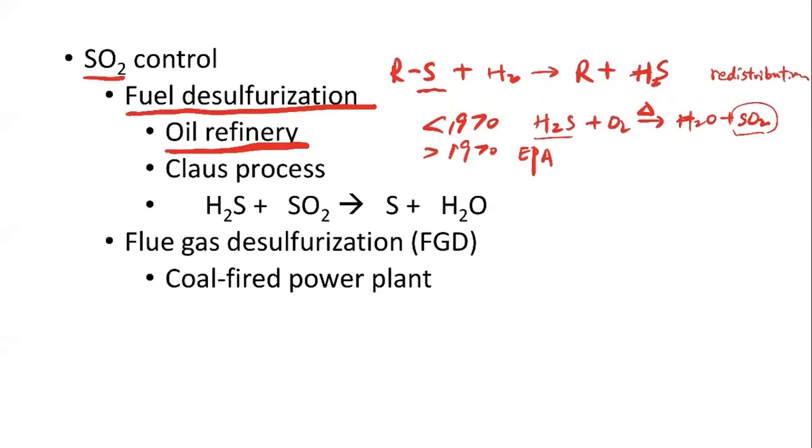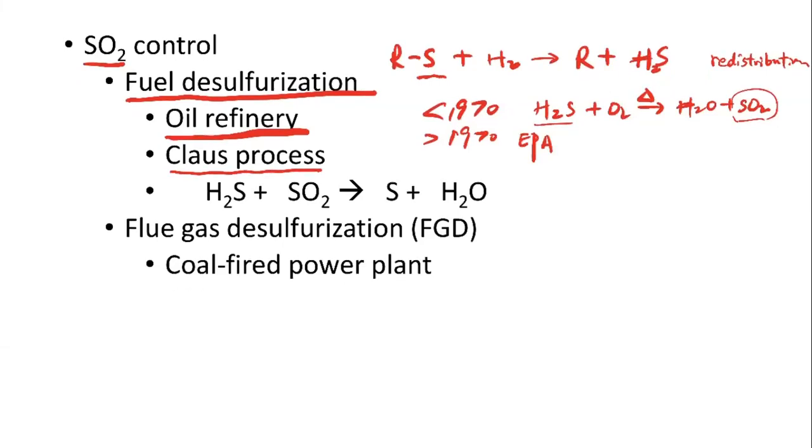This process is called the Claus process, and it uses this chemical reaction to deal with the problem. Basically, you use two moles of hydrogen sulfide to react with one mole of sulfur dioxide. You get three moles of sulfur and two moles of water.